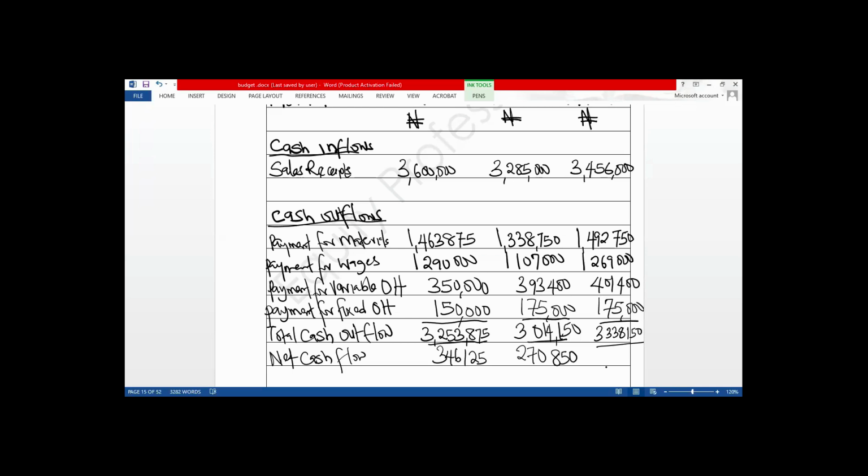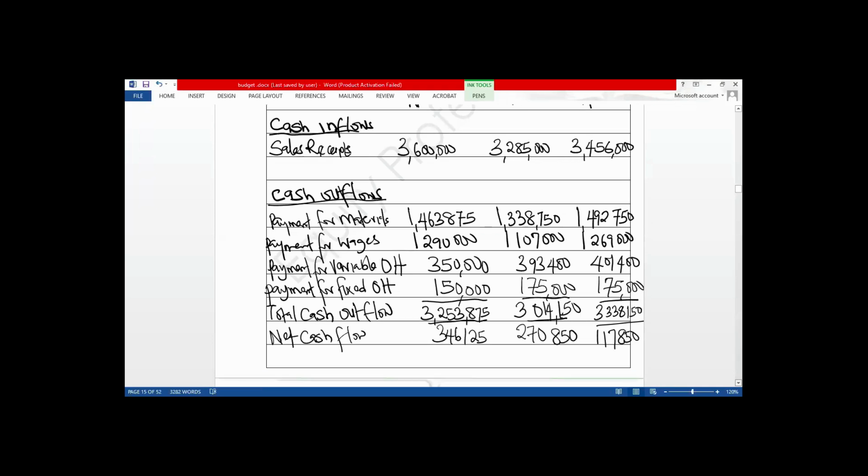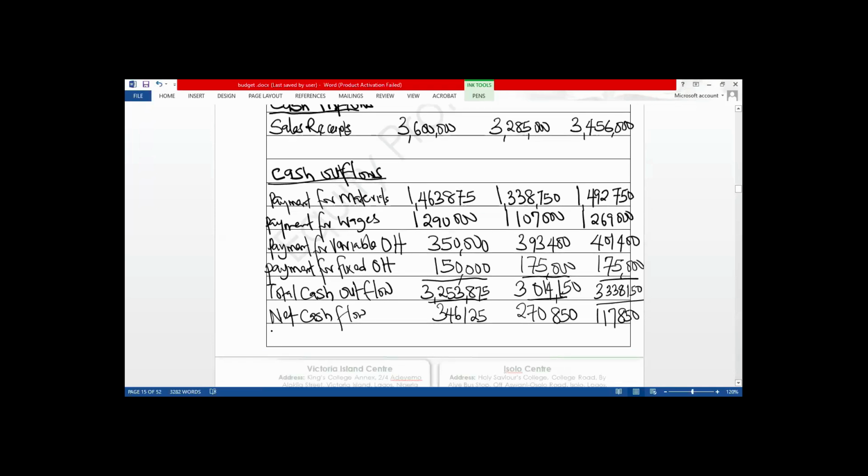So here we have 117,850. You now introduce the opening cash balance.